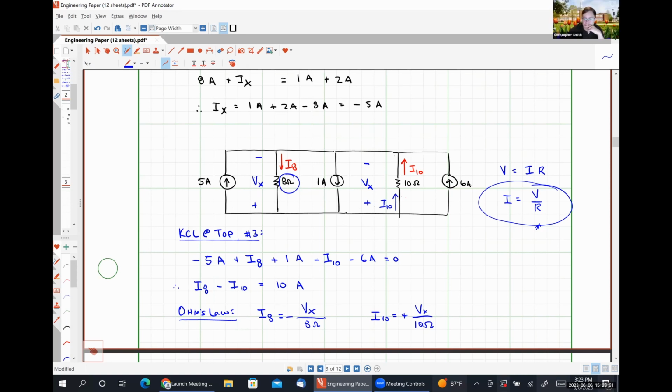Once again, whenever we're dealing with Ohm's law, let's look at what's going on in chat. Okay, you guys are just talking about the ICA there. Sorry. Whenever we're applying Ohm's law, whenever the current flows into the negative polarity terminal, we need a negative sign, and whenever the current is flowing into the positive polarity terminal, we use a positive sign out front.